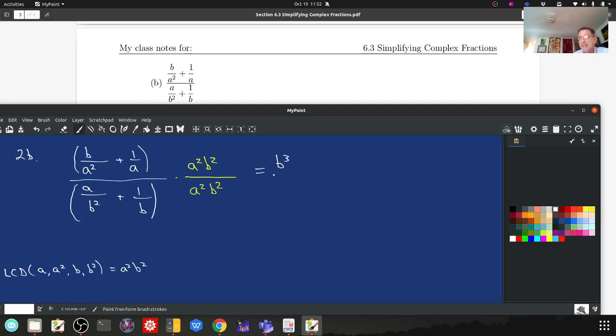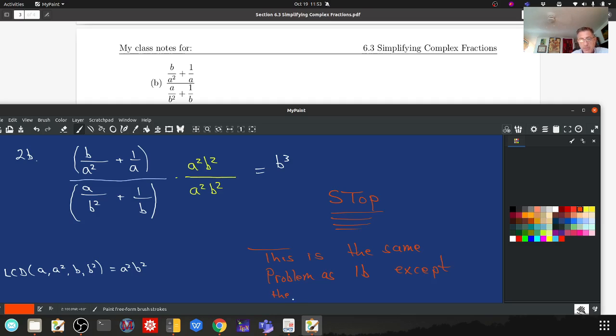This is exactly the same. So, okay, stop. We're stopping here. This is the same problem as one B. Except, what is the difference about it?